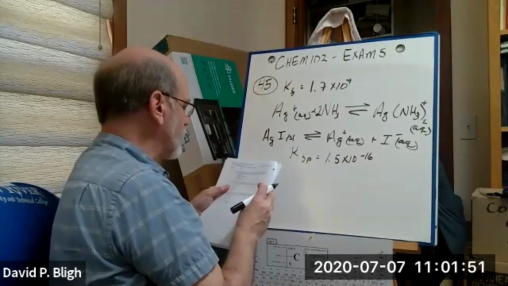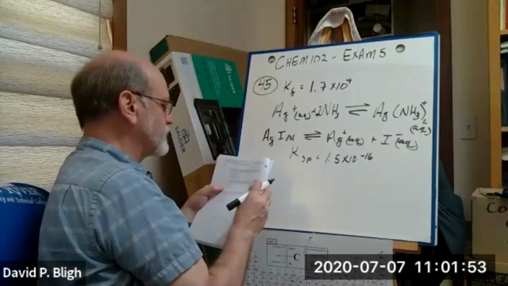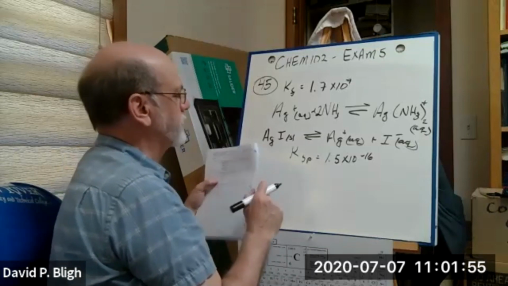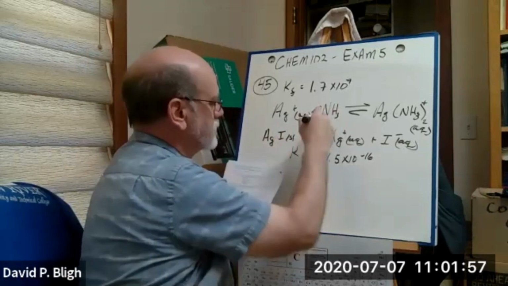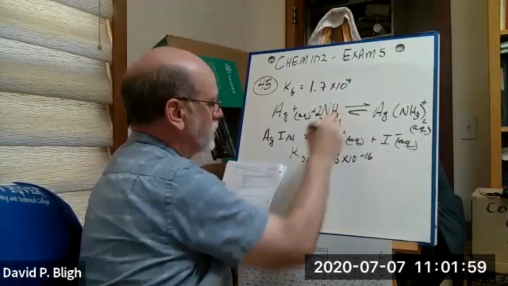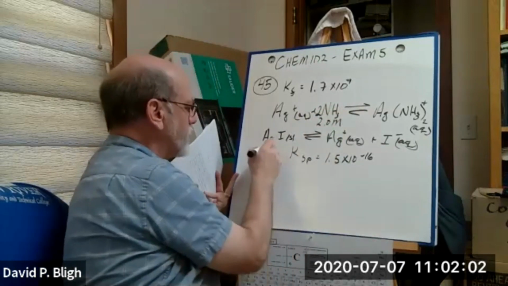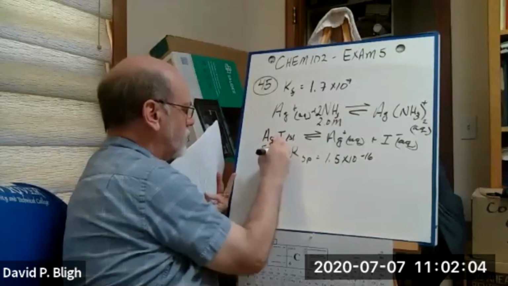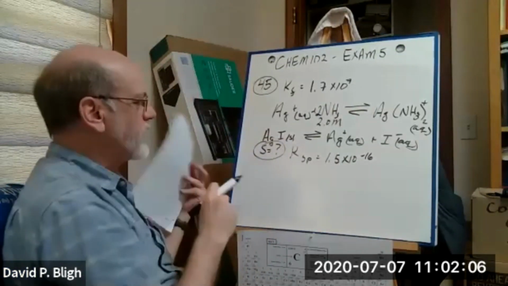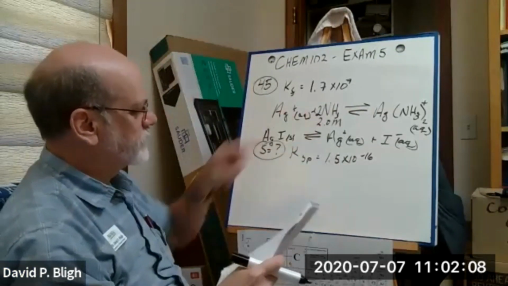What's the molar solubility of silver iodide in a solution that is 2 molar in ammonia? So if we make this 2 molar, what we want to know is what's the solubility of that in this solution?